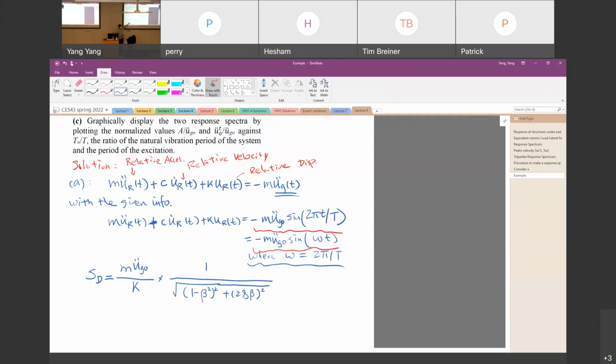And that's the equation we used a lot in the first exam. The maximum dynamic response should be equal to the static displacement times this factor here.